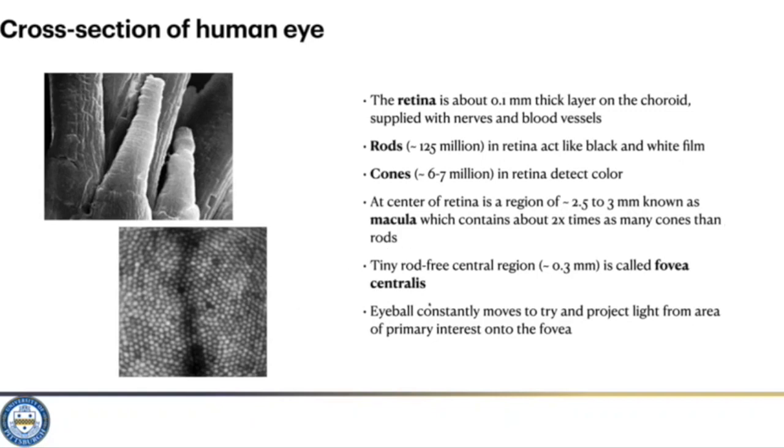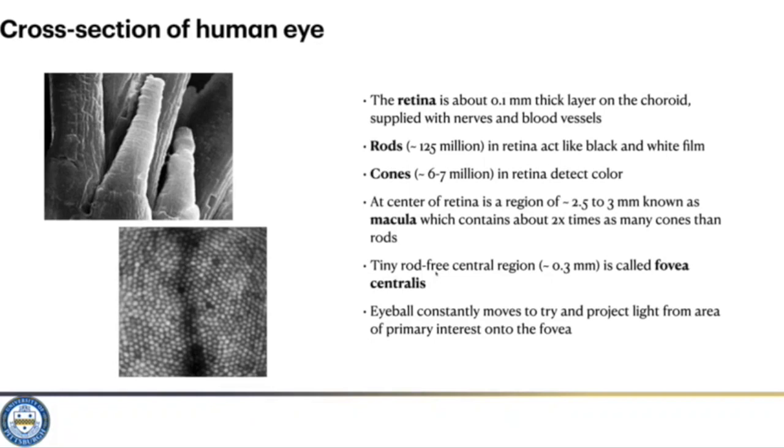And even within that macula, the center of the retina is called the macula, there is an even further central region which is completely free of rods and contains mainly cones, and that is called the fovea centralis. So it gets you full color vision right in that region.